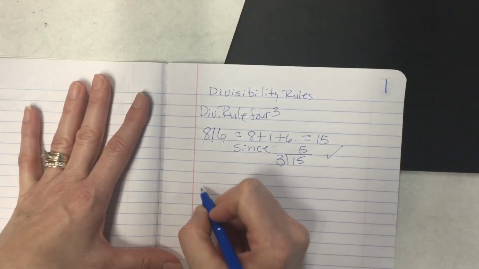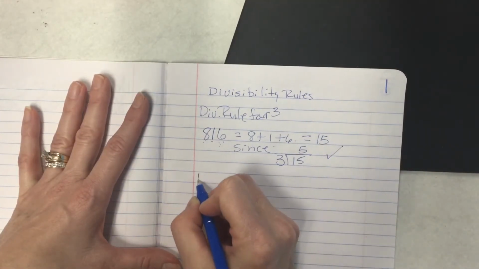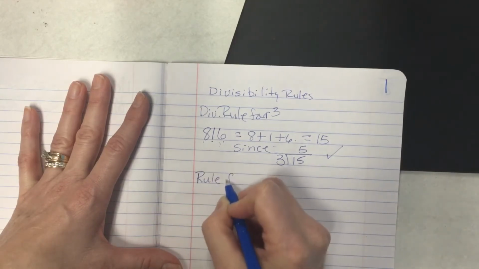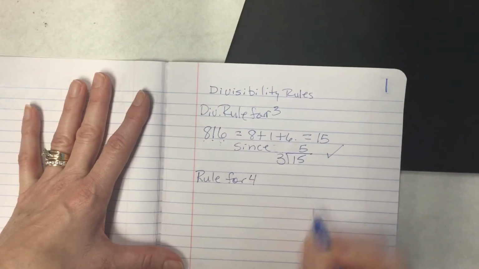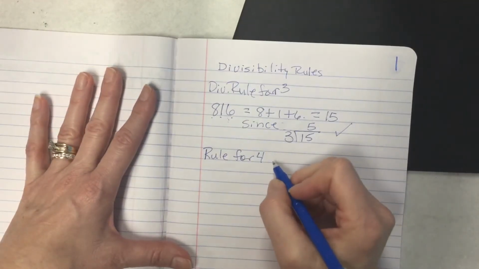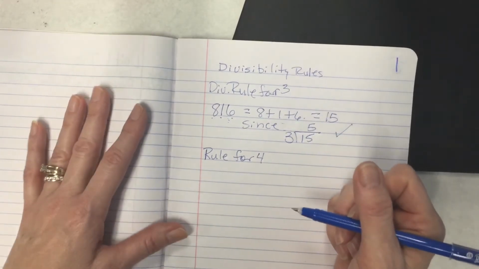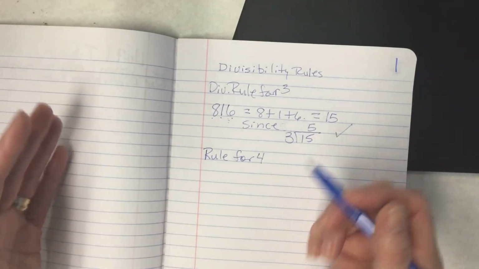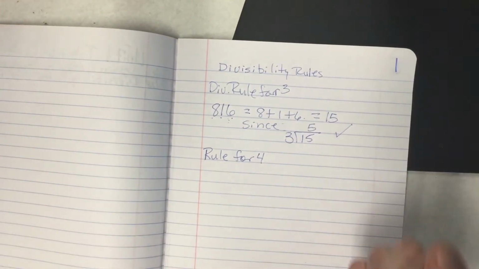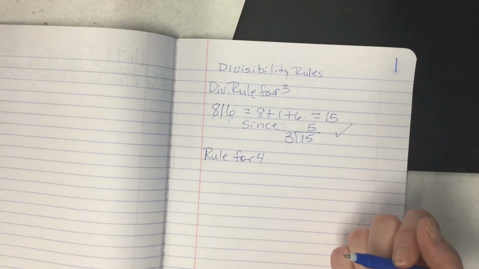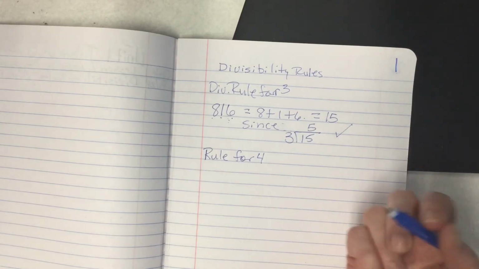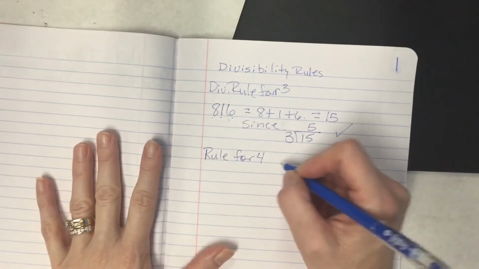So the rule for 4 is that when I look at the very last 2 digits, it doesn't matter how many digits are in the number. It could have 10 digits, it could have 12 digits, 1,000 digits, it doesn't matter. I only look at the last 2.